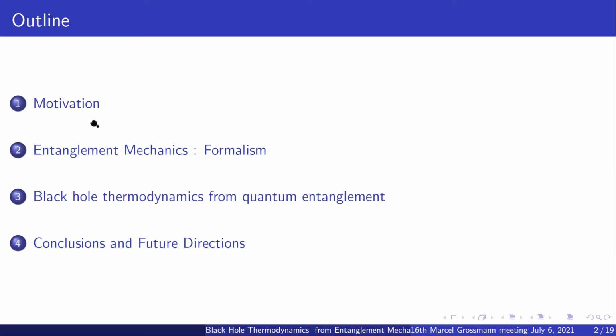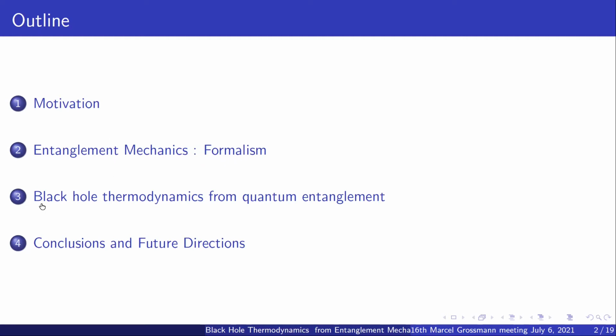In the second section, I will build on the formalism of entanglement mechanics. Here I'll also describe the model that we'll be using to simulate the physics of scalar fields propagating in an arbitrary background spacetime. We'll finish with all the formalism involved and the quantities that we'll be introducing.